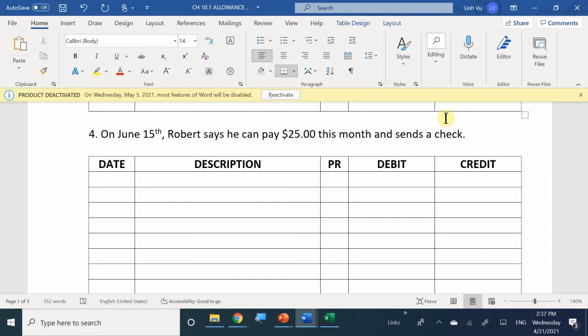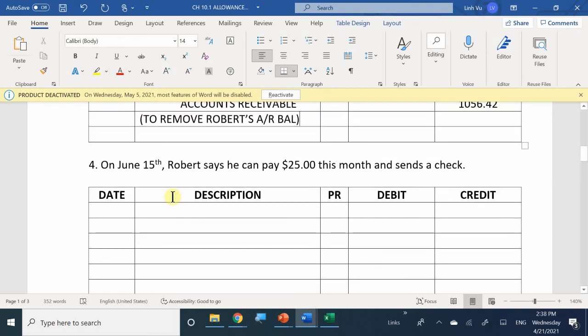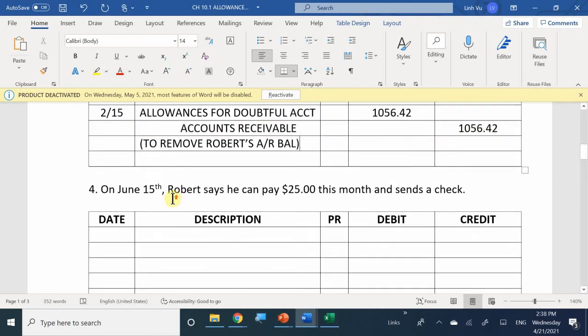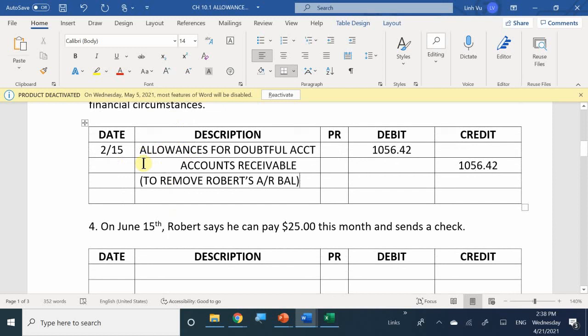Because right now, he doesn't owe us money. Right now it's considered as potential bad debt. So now what we have to do is reverse it so that it validates that he still owes us money. Right now it's almost considered lost.